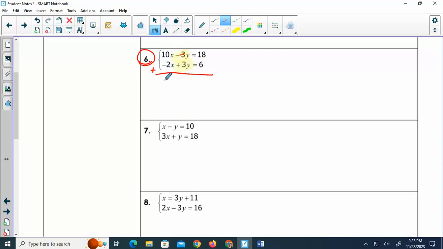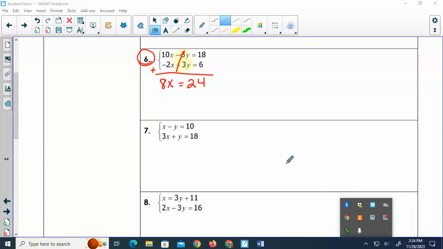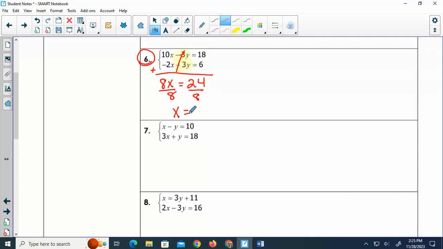So 10x plus negative 2x is 8x. Negative 3y and positive 3y cancel. 18 plus 6 is 24. So we don't have to distribute a negative every time, just if they aren't opposites. Divide by the 8 and get x equals 3.